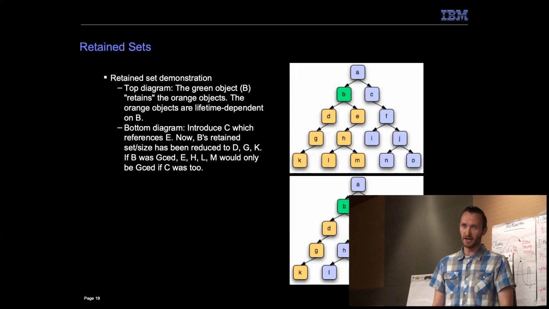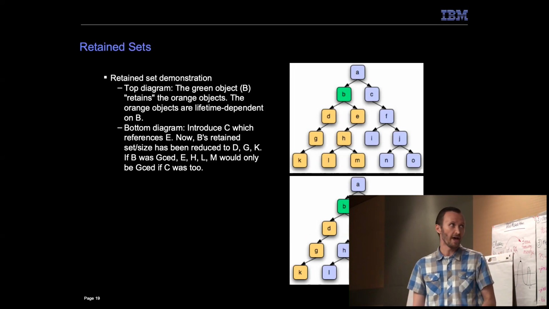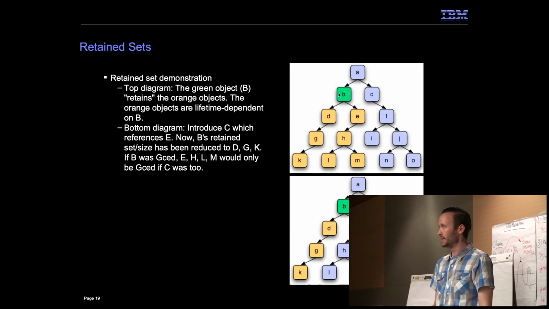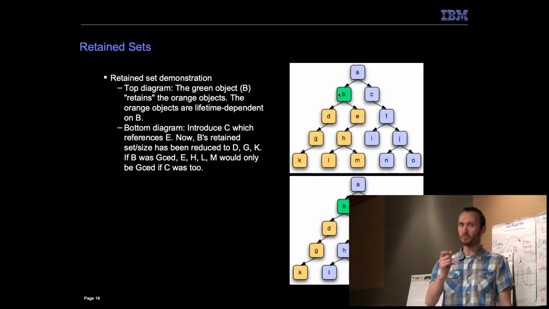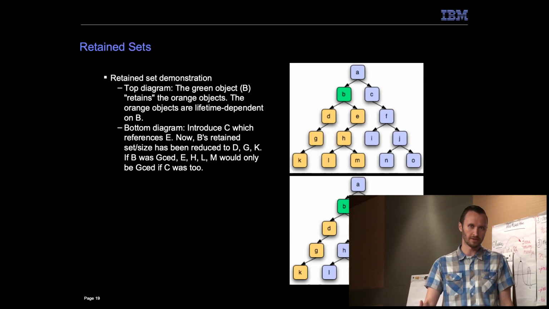So the retained set is definitely a very subtle concept. Imagine that you have an object graph, A references B, and so on. If you look at the top graph here, and we ask, what is the retained size of B? You can think of it as, if B were to be garbage collected, how much memory was garbage collected?